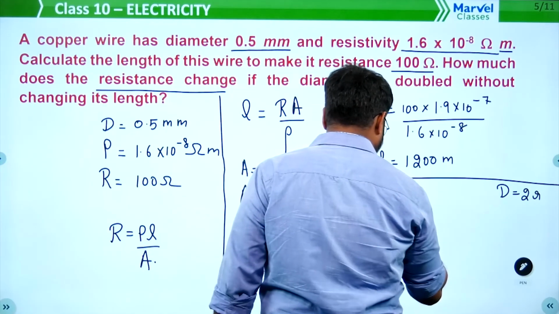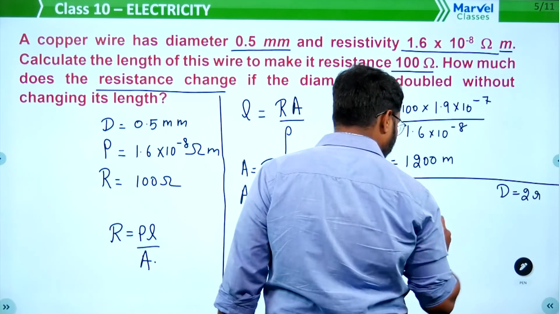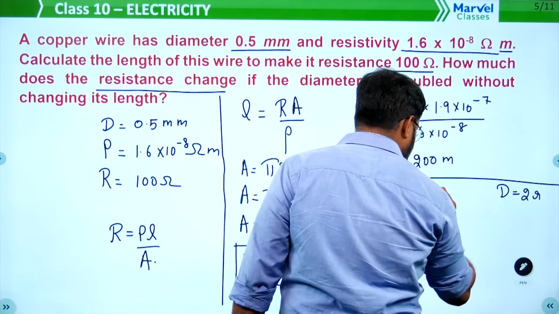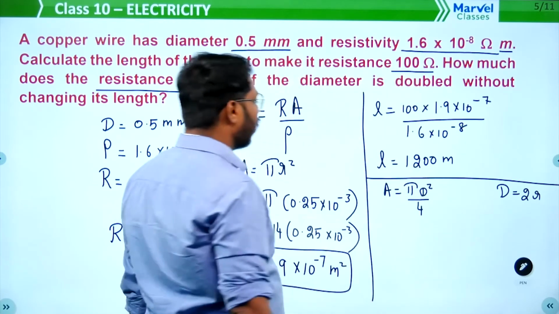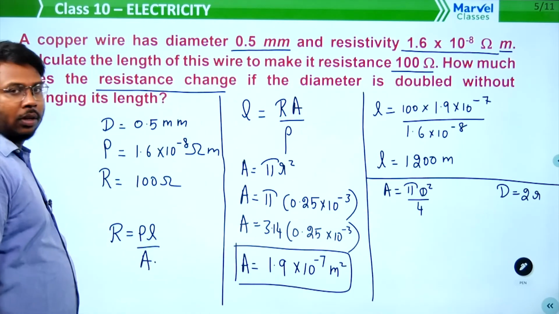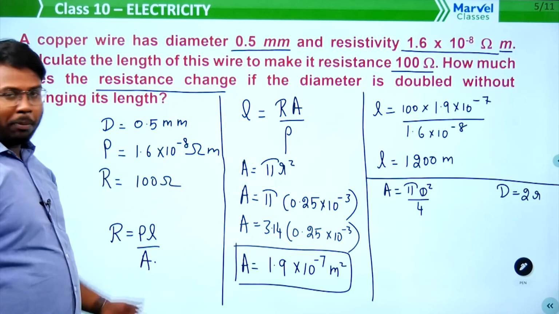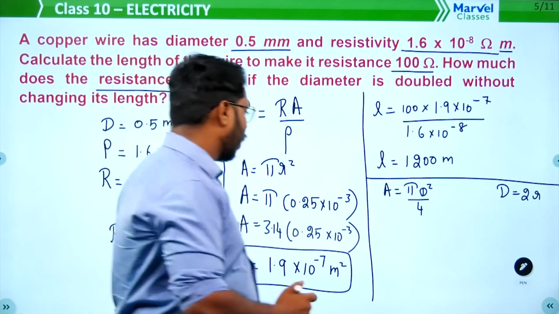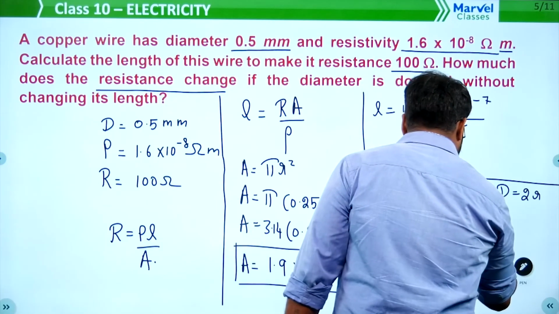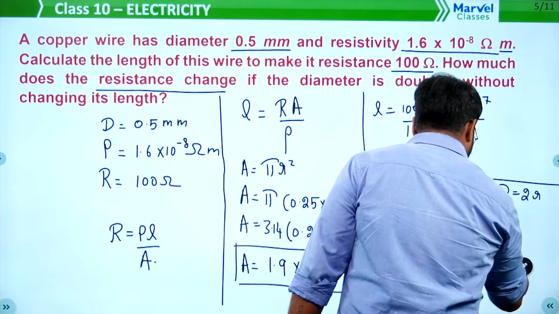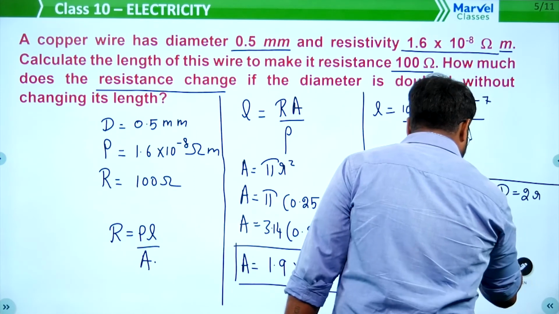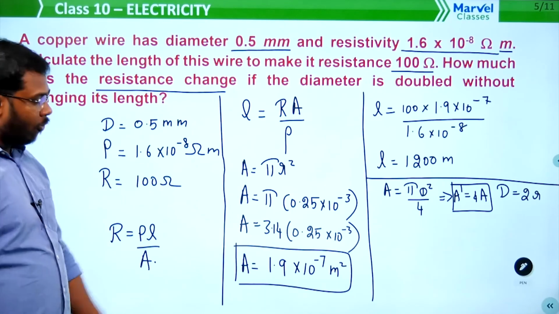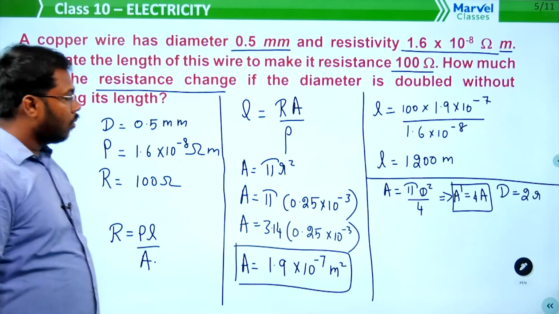A is equal to pi into d squared by 4. That is my typical area when the diameter was d. Now if I double the diameter, my area will increase by 4.